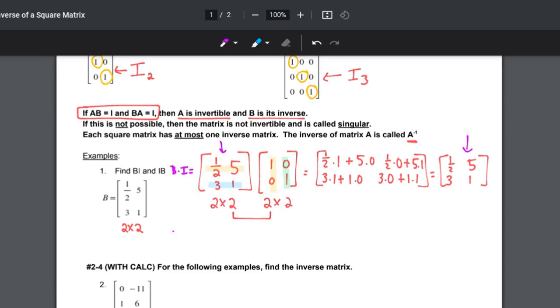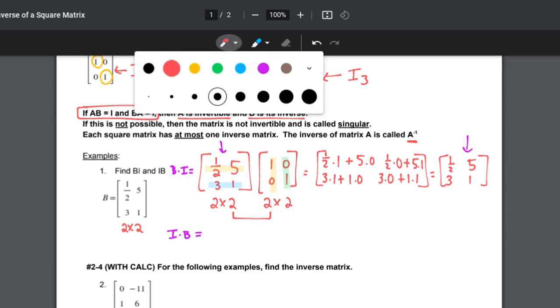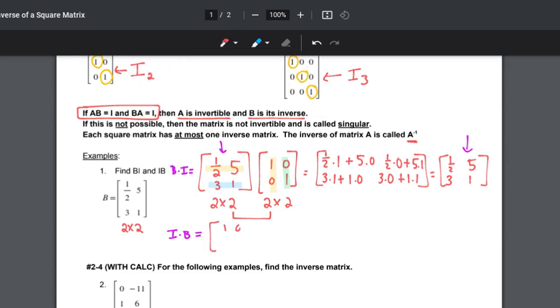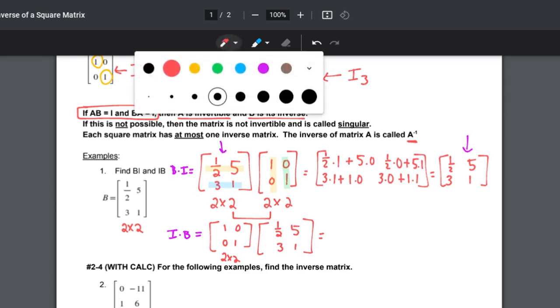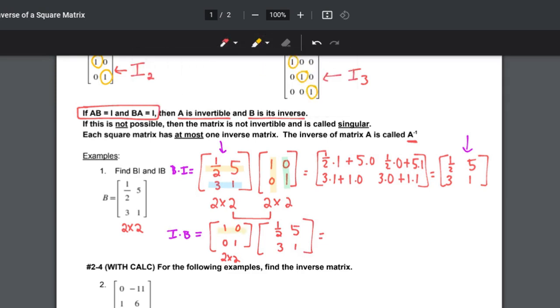All right, now we're going to go the other direction, I times B. So that means we're going to take the identity matrix, which is 1, 0, 0, 1. It has to be a 2 by 2 in order to multiply with the original matrix B, which is 1/2, 5, 3, and 1. And we're going to multiply the same way. We take the top row and the first column.